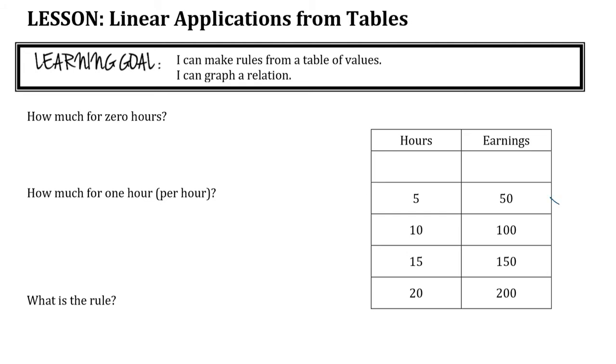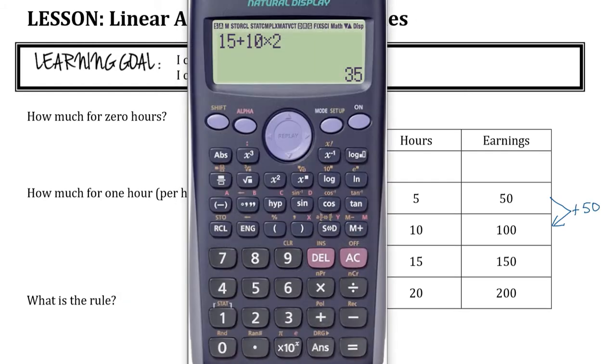I'm going to look right here, and I'm going to see that from 50 to 100 is an increase of 50. Now you might be able to do that in your head, or you might not. If you can't, then you're going to do 100 minus 50, okay, to give you 50, and then 150 minus 100 to see that this is also an increase of 50, and this is also an increase of 50, okay?